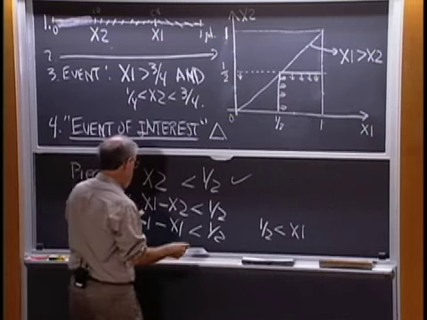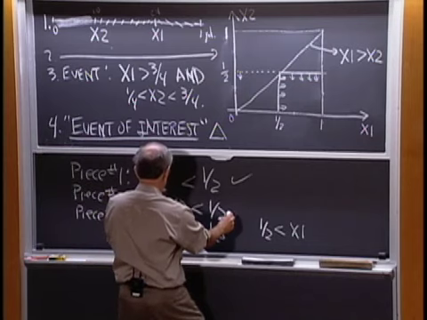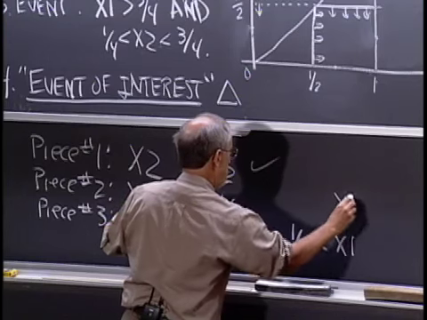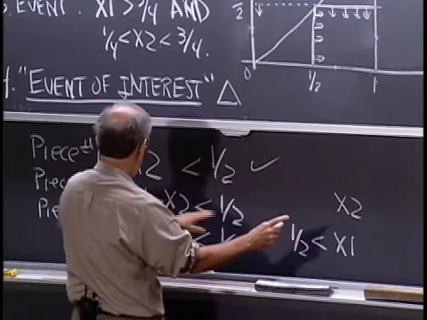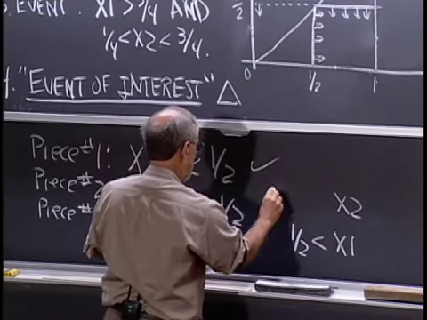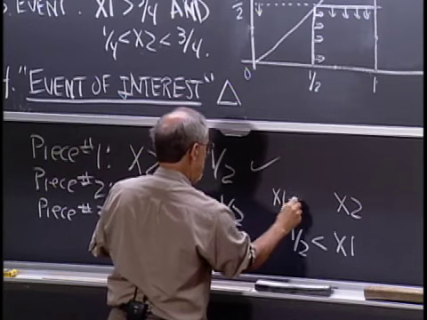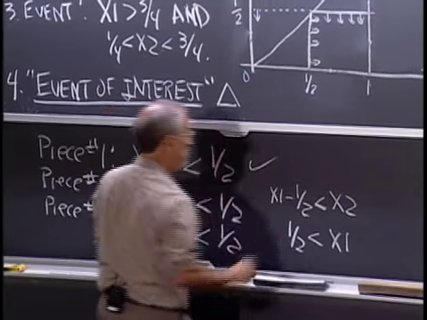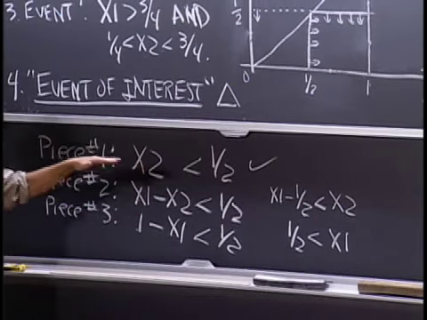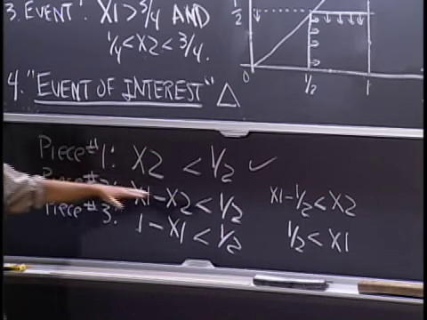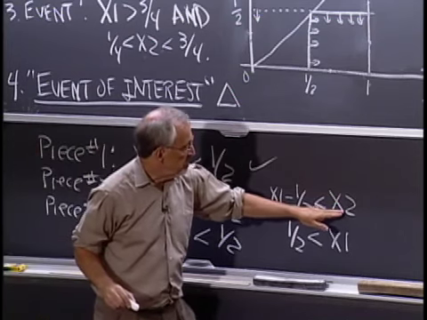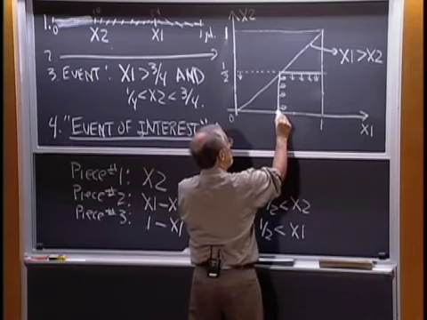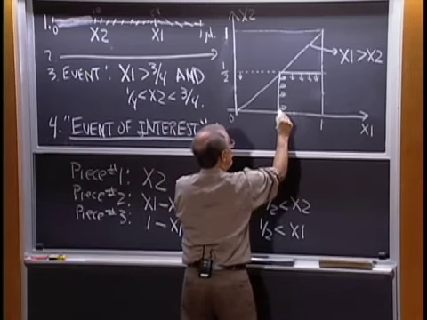Now we have this complicated one right here, so let's look at this. Let's bring the x2 to the right-hand side, bring the half over here, x1 minus a half, and we need x2 greater than x1 minus a half. If we were to write an equation, x2 equals x1 minus a half, I want you to think about this, but that equation, when we're in this square, would look like this.